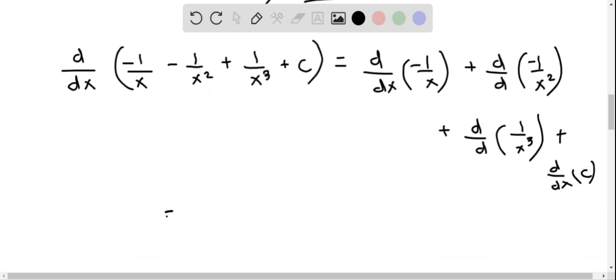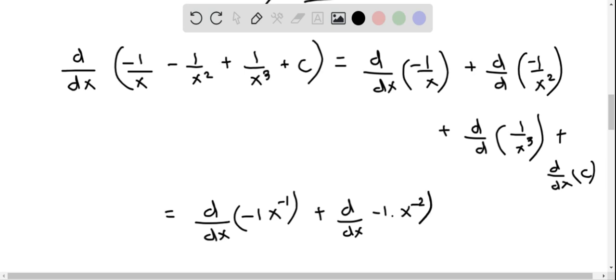Now we can rewrite this in a different form so that we can apply the power rule of differentiation. This can be written as minus 1 x power minus 1. And the second term can be written as differentiation of minus 1 times x power minus 2.